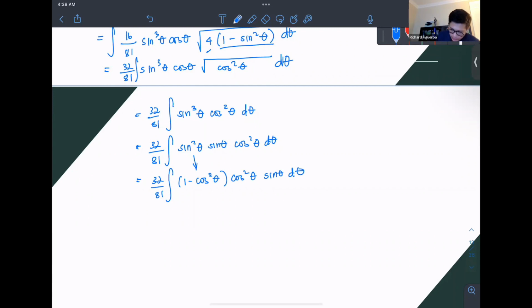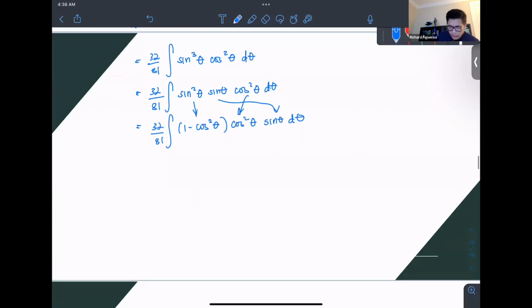And then I'll proceed with cosine squared followed by sine theta d theta. And finally, we distribute cosine squared. So we'll have cosine squared theta minus cosine to the 4th theta, then sine theta d theta.